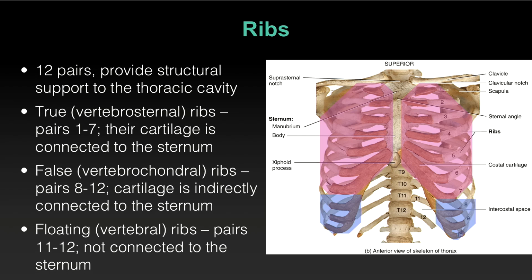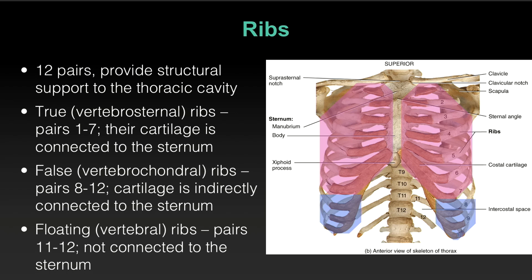Now, an easy way to remember rib number and its articulation with the vertebrae is that ribs articulate with the same numbered vertebrae, either directly or on the superior portion of the same numbered vertebrae.